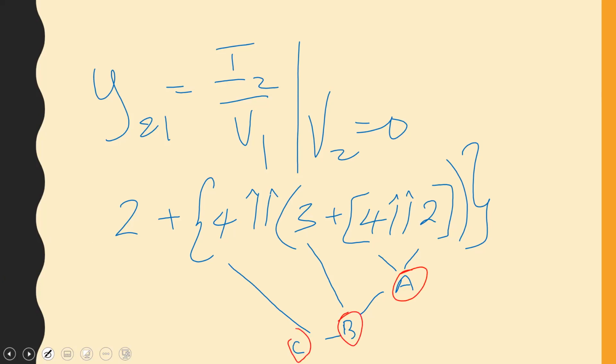Okay? It means, therefore, from the circuit, I mean, you can go to the circuit or you can just look at this. With V1 at the input, it means that the voltage across this portion, you'd use voltage divider between 2 and C. So you would get, let's call it V1C.